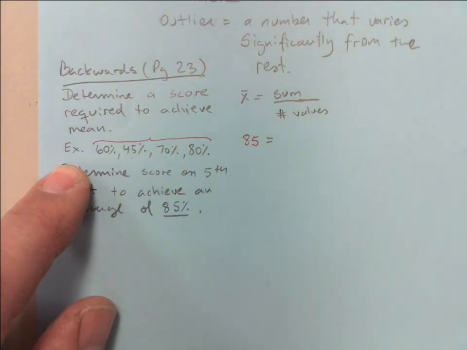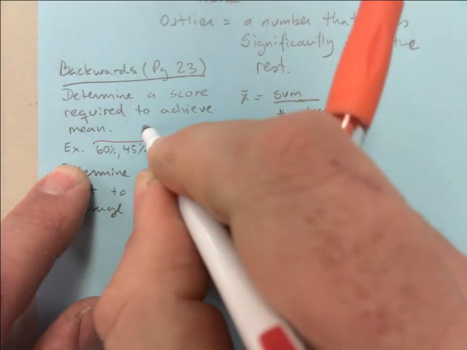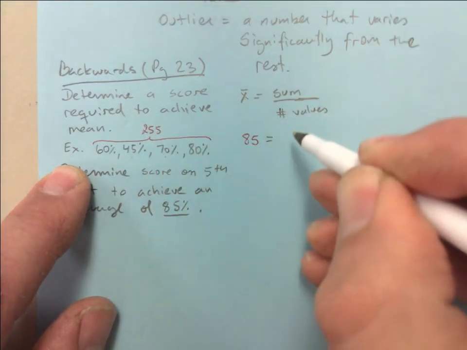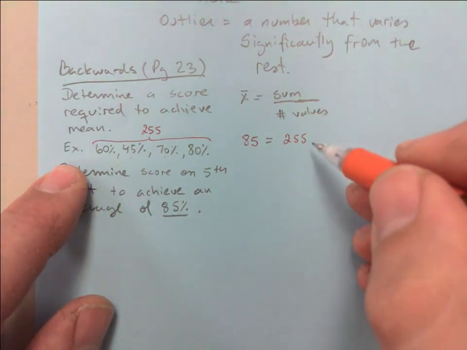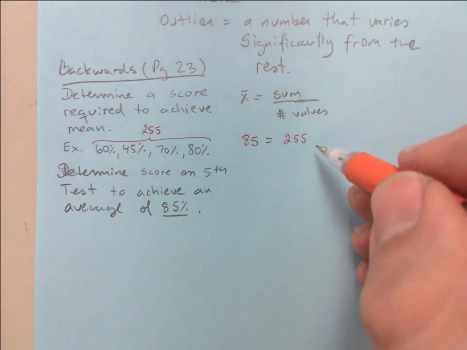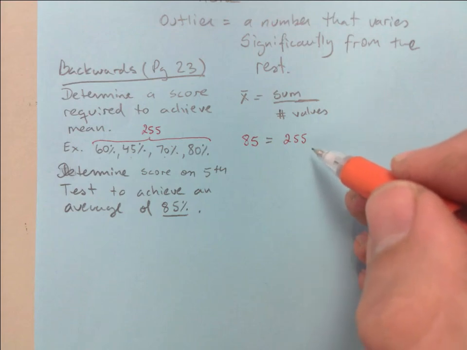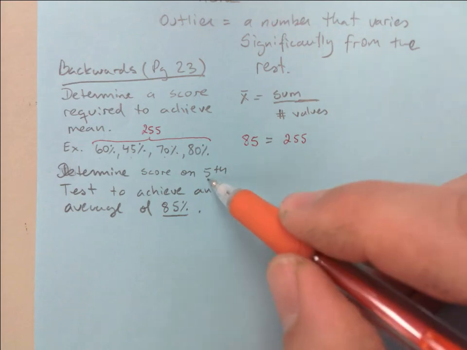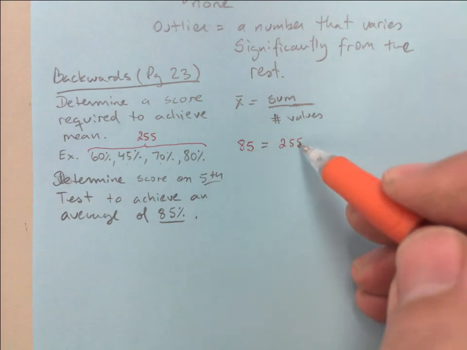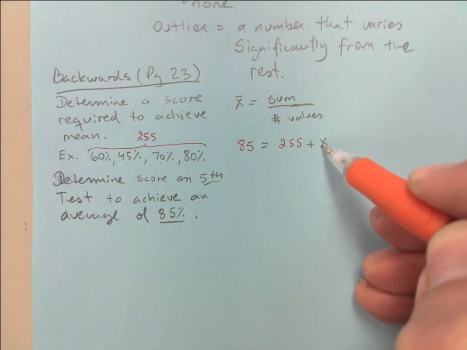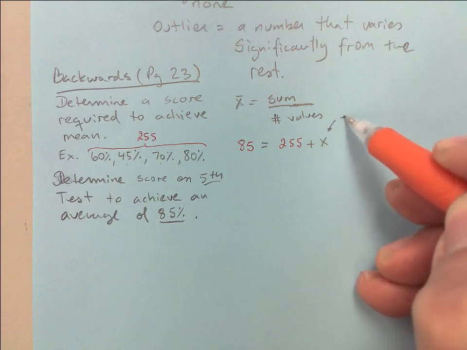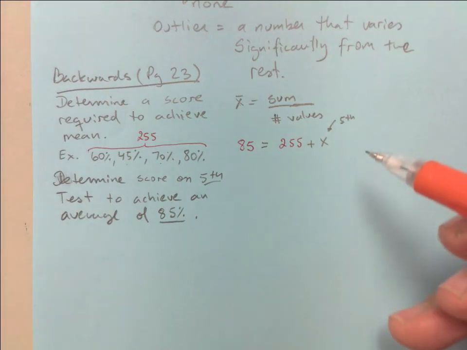So that's 255. And what needs to happen after this? If you're doing backwards, you want that 5th test. There are 4 values, right? So this is 4 values. You're gonna add that for the 5th value.